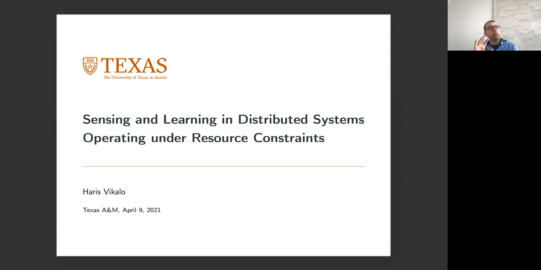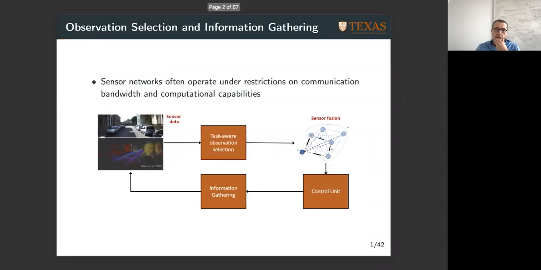A common thread in our approach to tackling resource constraints in these problems is going to be a formulation as a subset selection problem, and essentially coming up with efficient ways to solve subset selection.